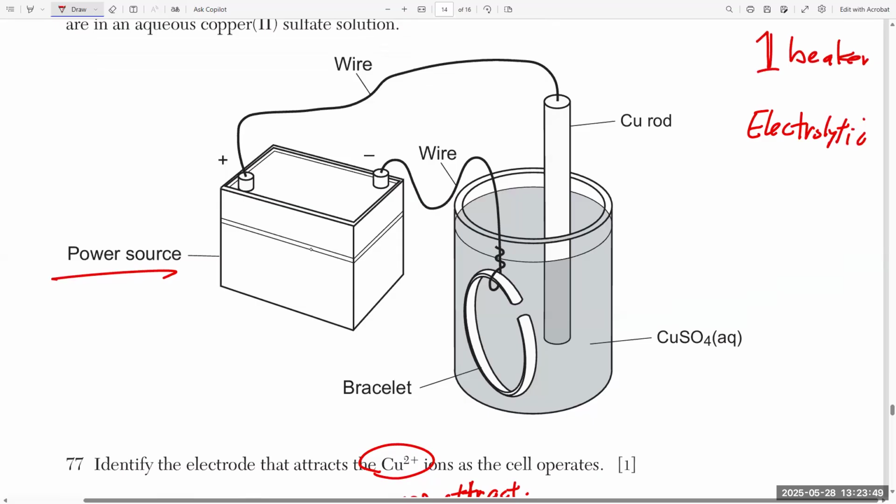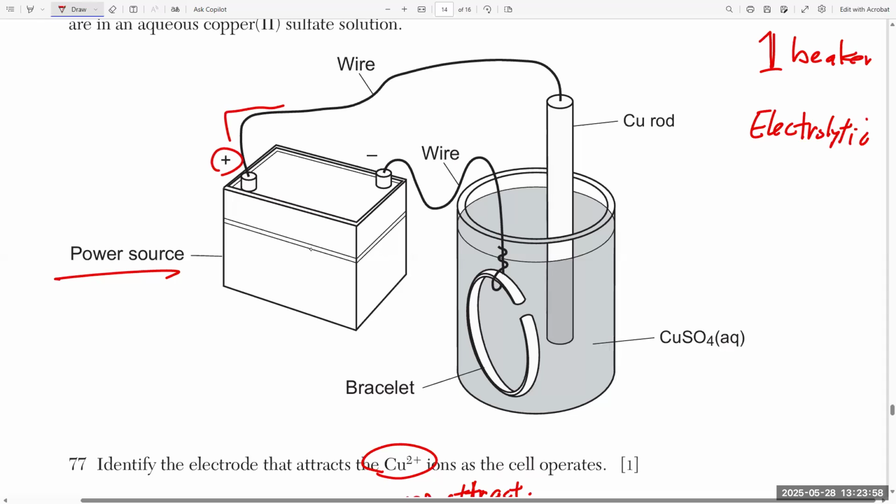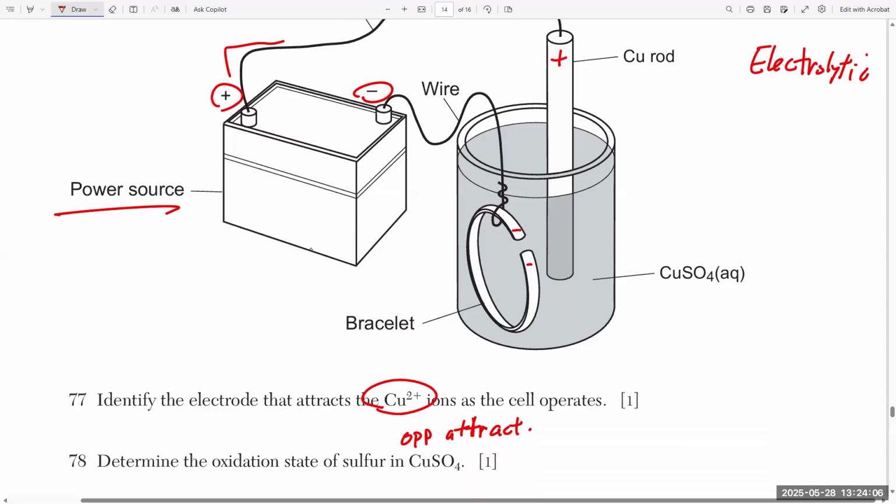The sign of the electrode is the extension of the power source. So see this plus? That gets all the way extended out to here. See that negative? That gets extended out to here, which means the copper 2+ ions are going to go to where? To negative or positive? It's going to go to this one, right?